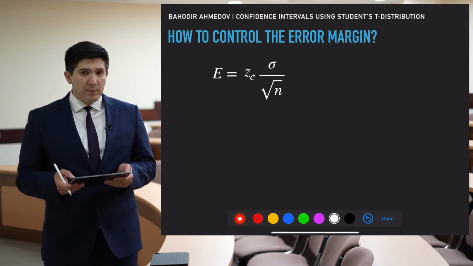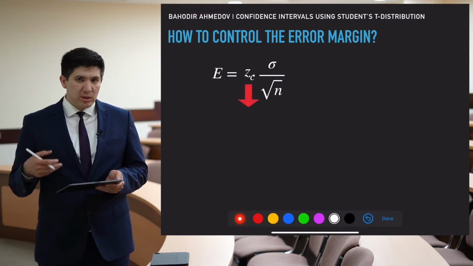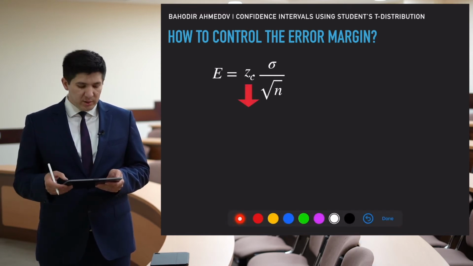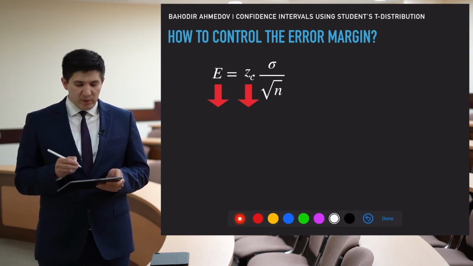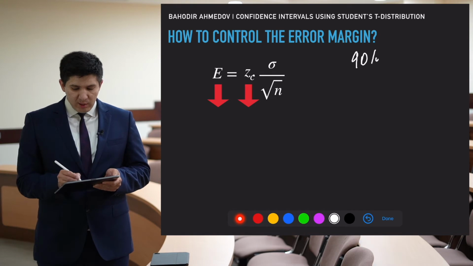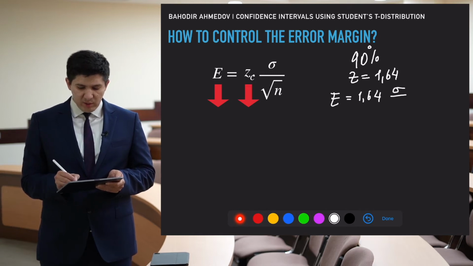At the same time, the error margin depends on the confidence level as well. The smaller the confidence level, the smaller the error margin. For example, if you would like to be 90% confident, then the critical point is equal to 1.64, I guess. Then E is equal to 1.64 times sigma divided by the square root of n, where sigma over the square root of n is some constant. If you would like to be 95% confident, then Z is equal to 1.96, and the error margin is 1.96 times the same constant, sigma divided by the square root of n.